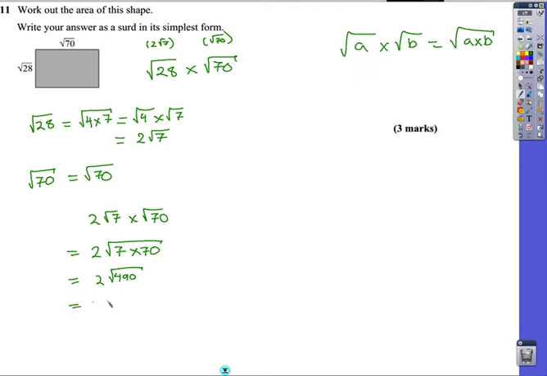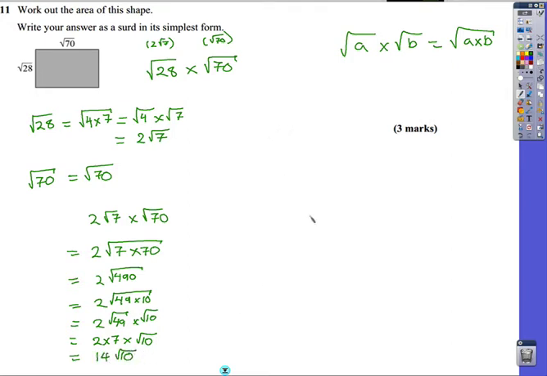Can we simplify this? Of course we can. It's 49 times 10, and this simplifies to 2 root 49 times root 10, which is 2 times 7 times root 10, and 2 times 7 is 14 root 10.